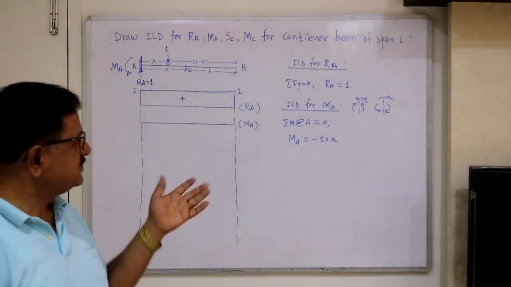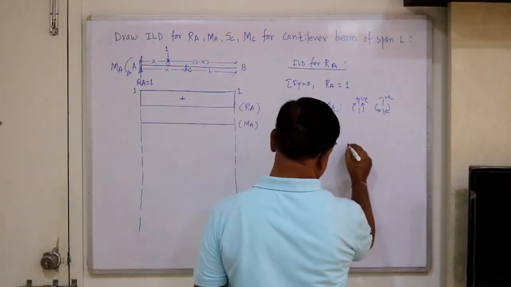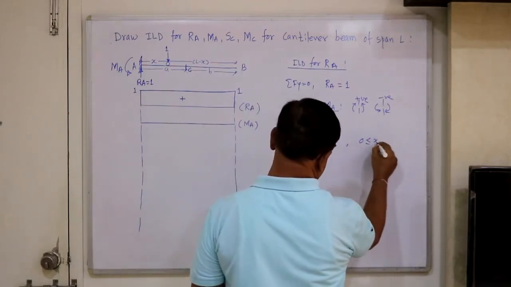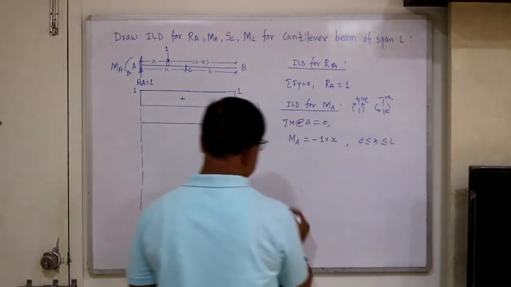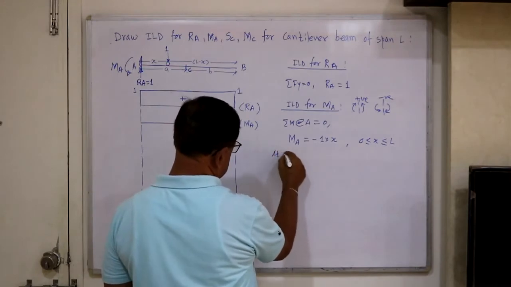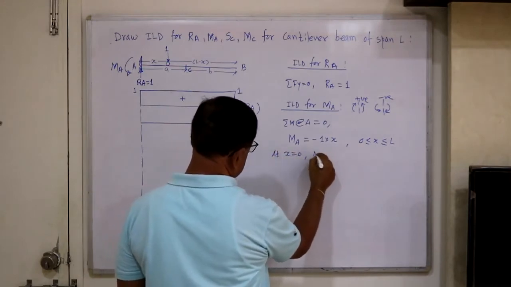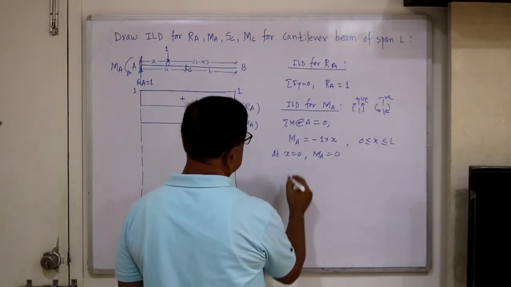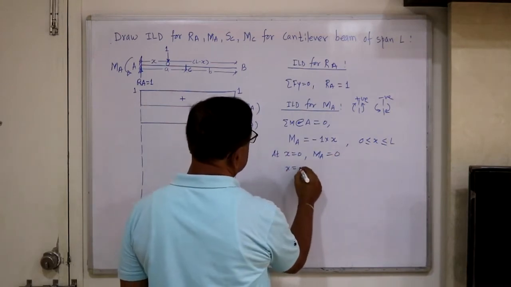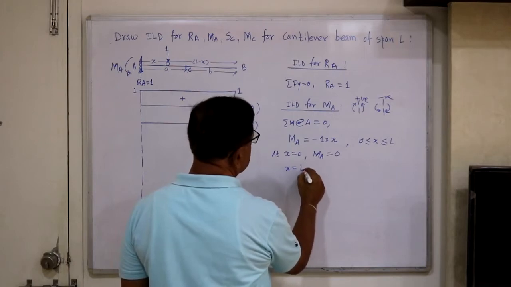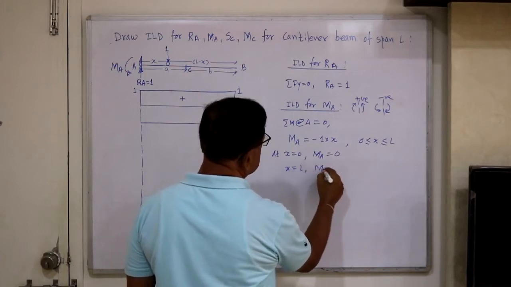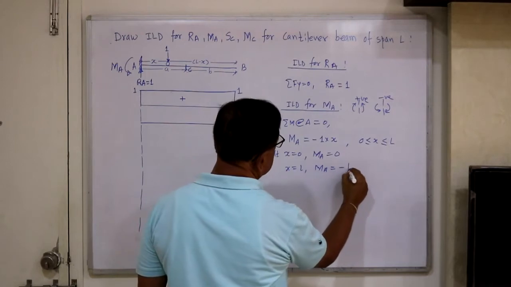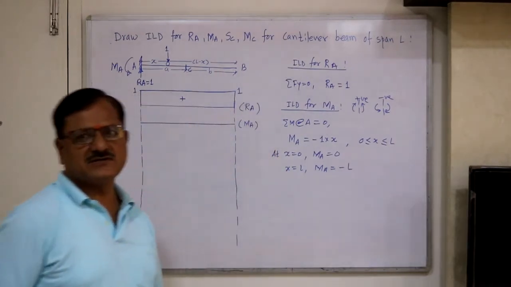Now for various positions of unit load, the applicability of this equation is 0 less than or equal to x less than or equal to L. So at x equal to 0, what is MA? MA is 0. When unit load is at A, MA is 0. When x equal to L, MA is equal to 1 into minus L, that's all.